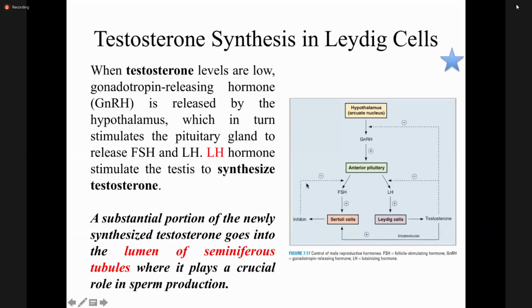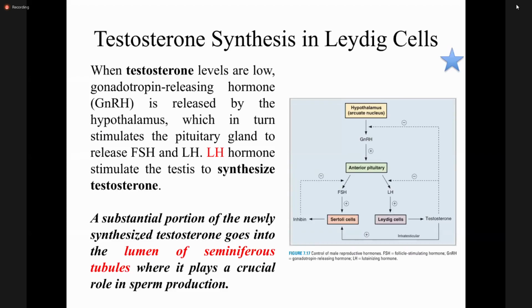So over here we have what we spoke about before, the positive feedback and the negative feedback of the hypothalamus and the cells that exist in the seminiferous tubules, or the testes. Under the influence of the hypothalamus, there is the release of gonadotropin releasing hormone, GnRH.